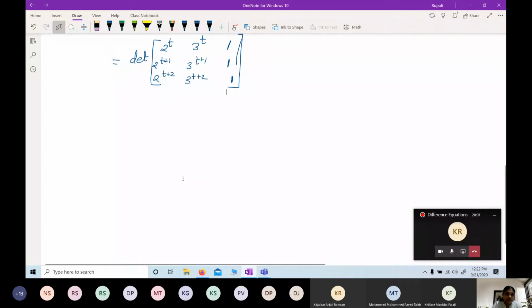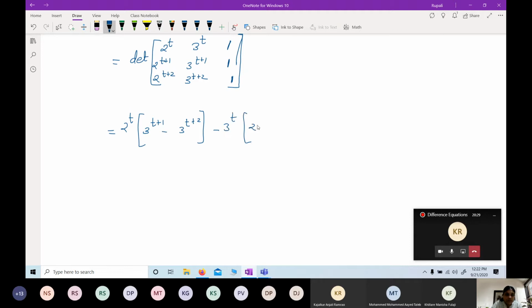It is 2^t (3^(t+1) - 3^(t+2)) - 3^t (2^(t+1) - 2^(t+2)) + 1 times (2^(t+1) 3^(t+2) - 3^(t+1) 2^(t+2)). Can you simplify now?